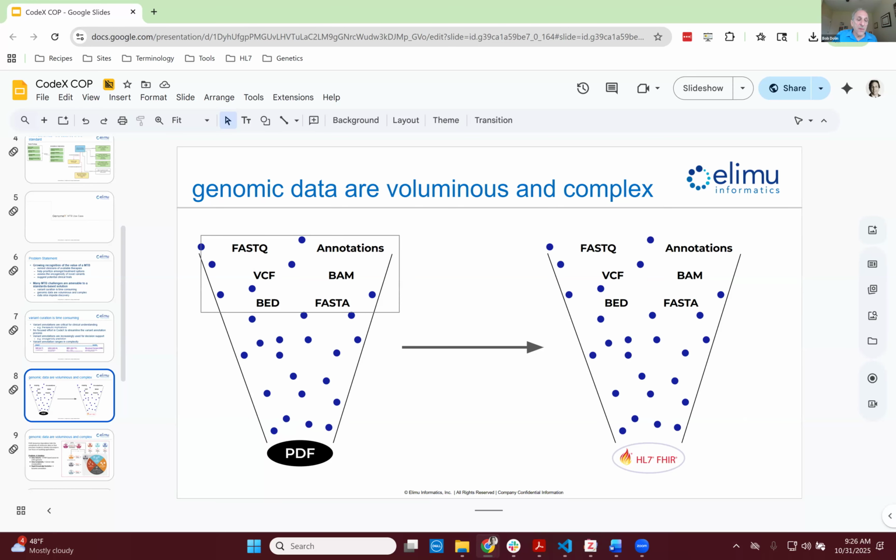And rather than sending this richly structured data to the EHR, historically what's happened is we've taken the key bits of this, the relevant clinical findings, the actionable findings, if you will, and boiled them down into a PDF report. And that PDF report is then sent to the EHR, where it's reviewed and then subsequently lost.